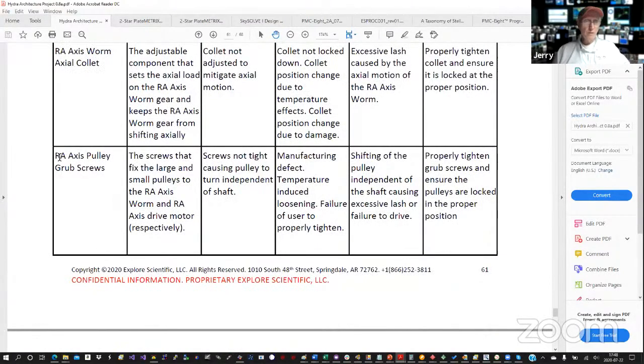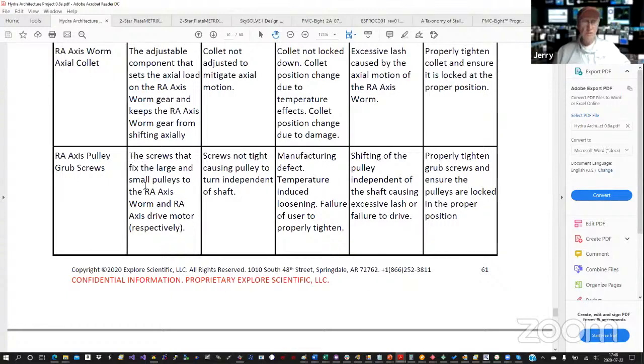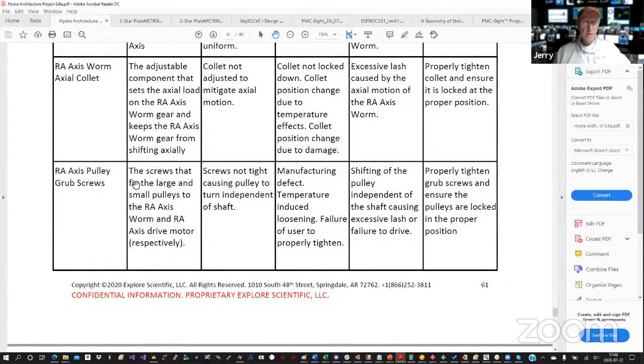So the component in the mount is the RA axis pulley grub screw that tightens the pulley onto the shaft. Basically, these are the screws that fix the large and small pulleys to the RA axis, right here.